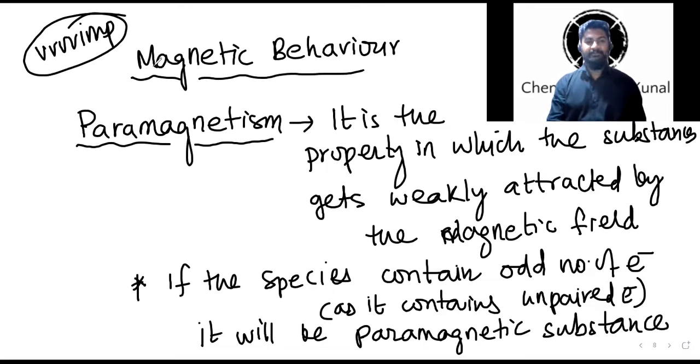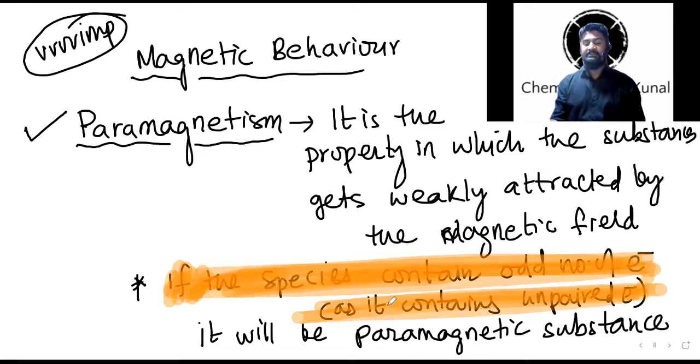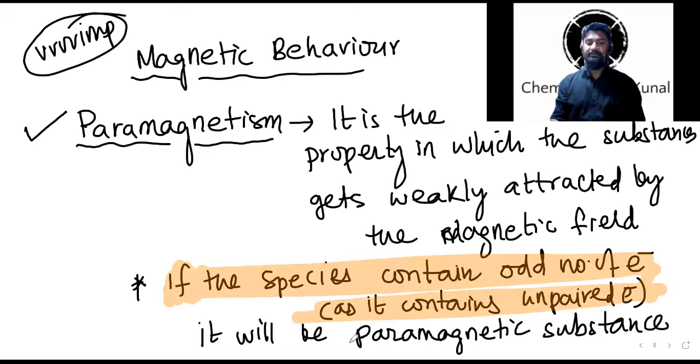So for magnetic behavior, how do we check it? There could be paramagnetism, which is checked by this shortcut. If a molecule contains an odd number of electrons or it contains an unpaired electron, the substance will definitely be paramagnetic in nature.